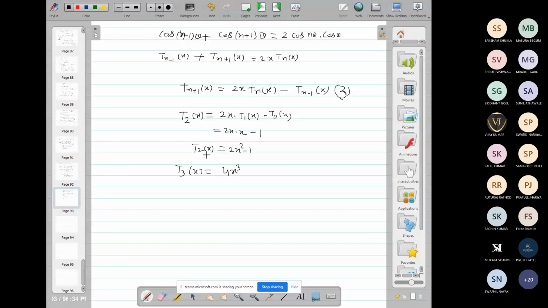So from 3, we are putting n is equal to 2, so T3 we obtain 4x cube minus 3x, and in the similar way we obtain T4(x) is equal to 8x^4 minus 8x square plus 1.